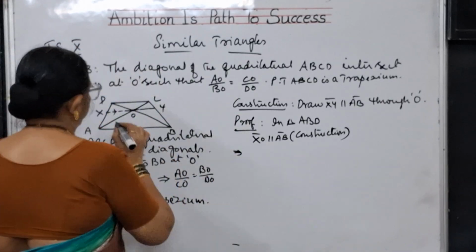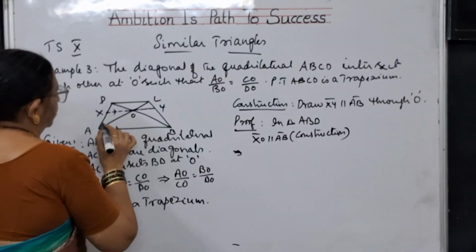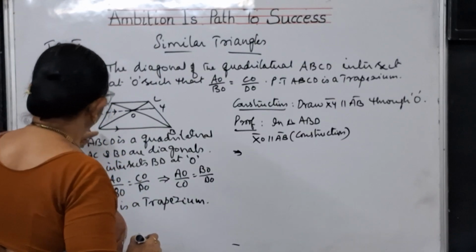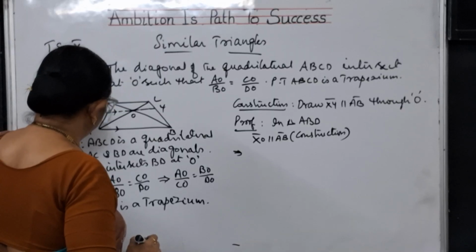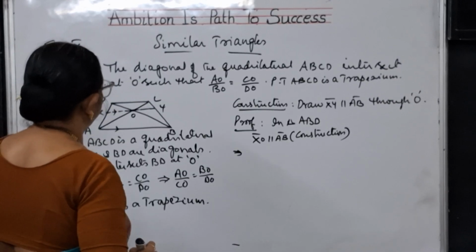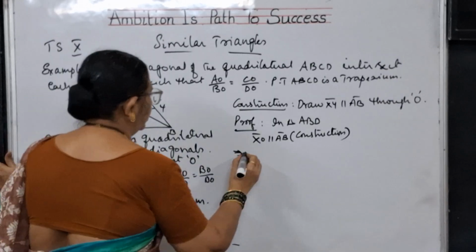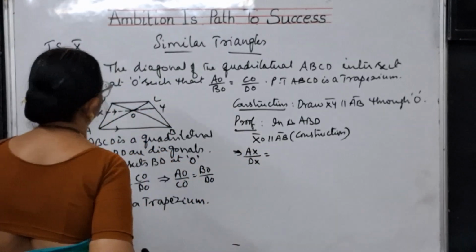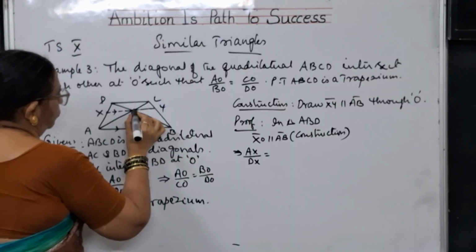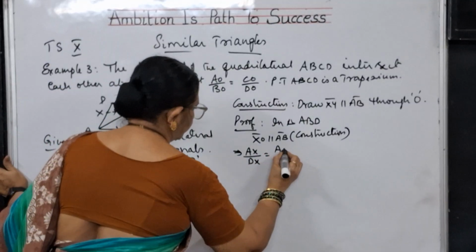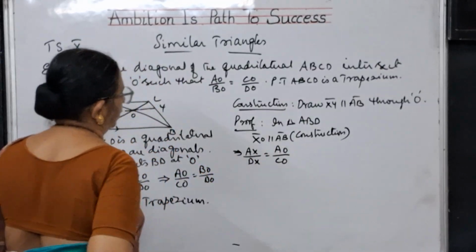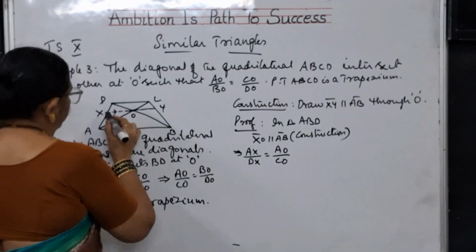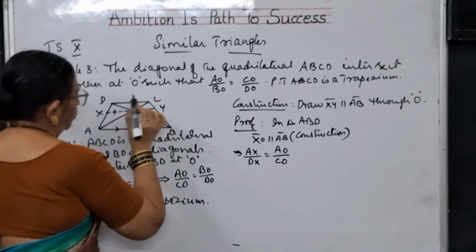When XY is parallel, you can say that AX by DX is equal to AO by CO.